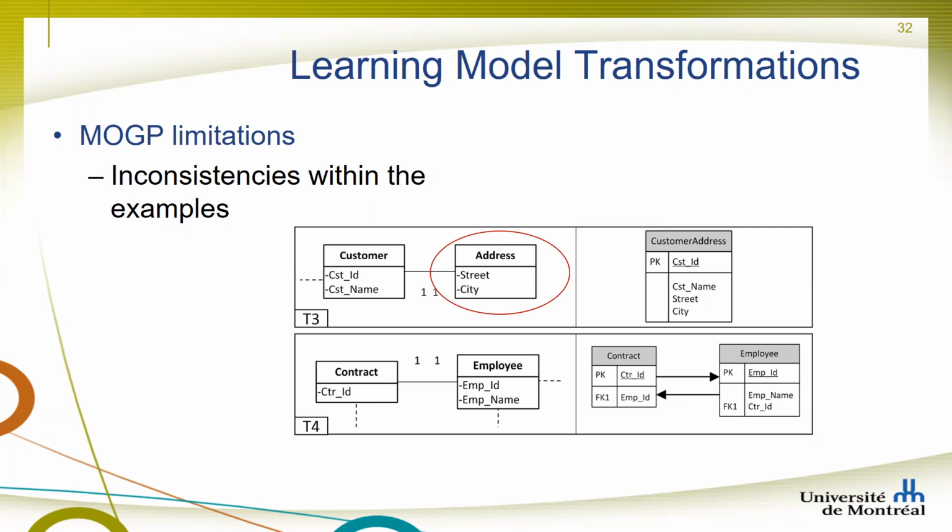In fact, this depends on the context. Address does not have other associations with other classes than this one, whereas Employee has different associations. So this is something that is not easy to learn in the search space, because you have to deal with a lot of conditions.